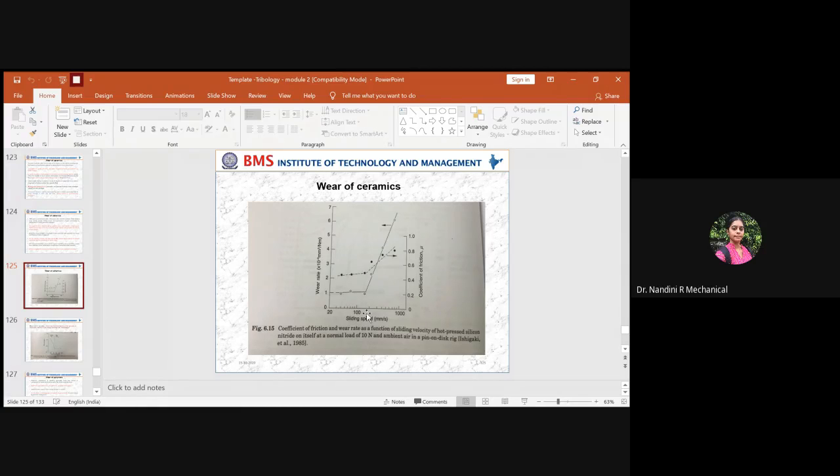So this is how, as a tribologist, one has to think, design, select the material and finally manufacture it, where the wear will be at the least, because the wear rate within the safer zone will be the least value.